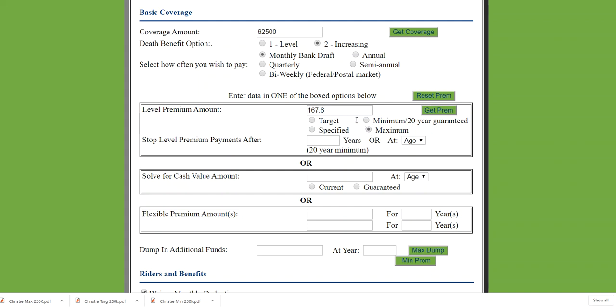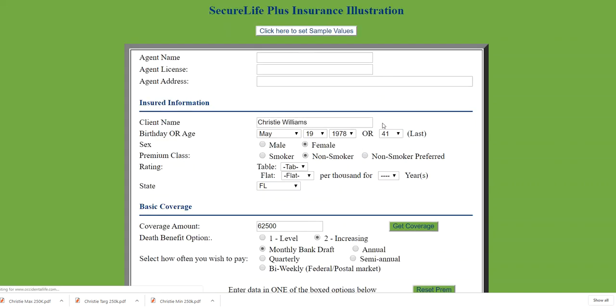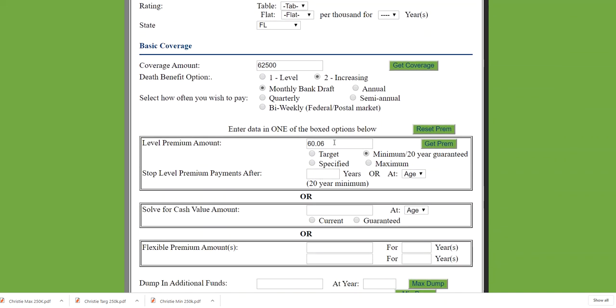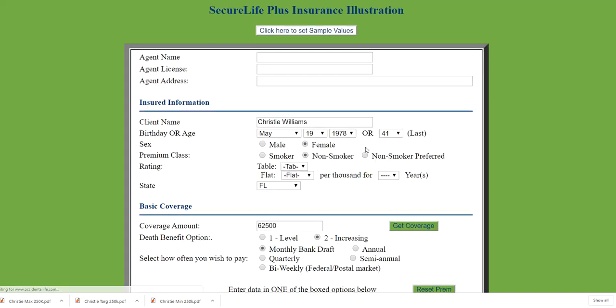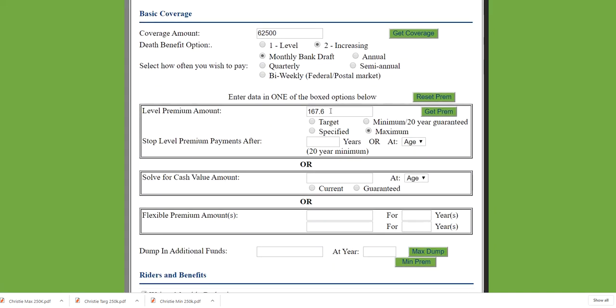The customer can pay whatever the customer chooses that he can pay. In this example, we can tell the customer, okay, you got $60 minimum, and we explain that part of the policy for that same coverage. The maximum will get you the maximum accumulation of cash, $167.60.